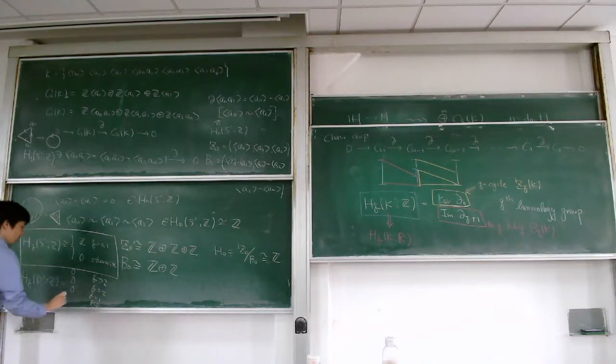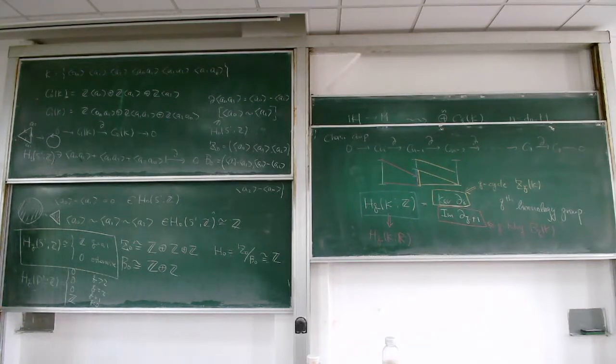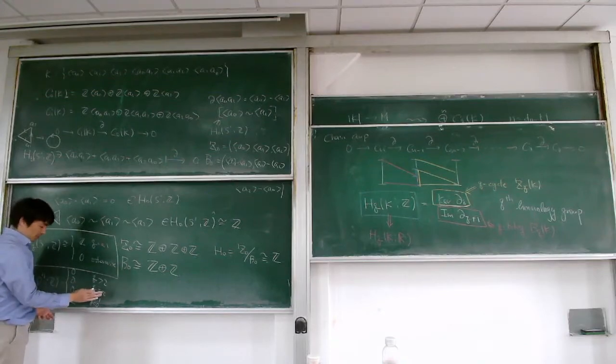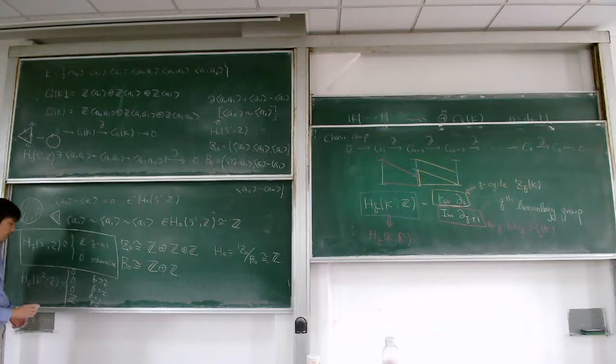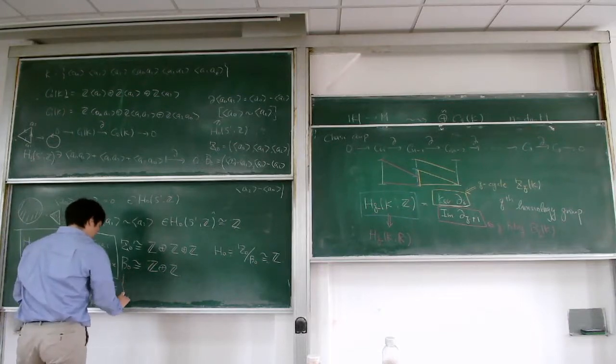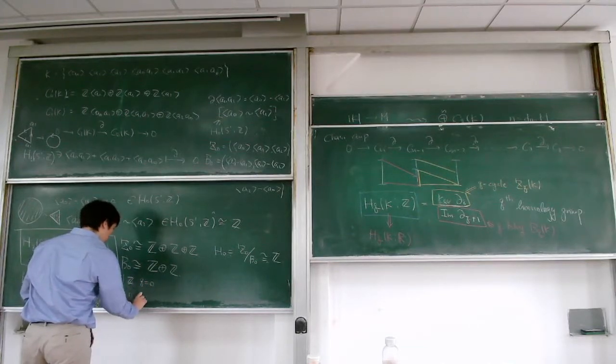So therefore it should be Z. Do you know what it's called? And once you replace n, then this is equal to Z for q equal to 0, 0 otherwise.